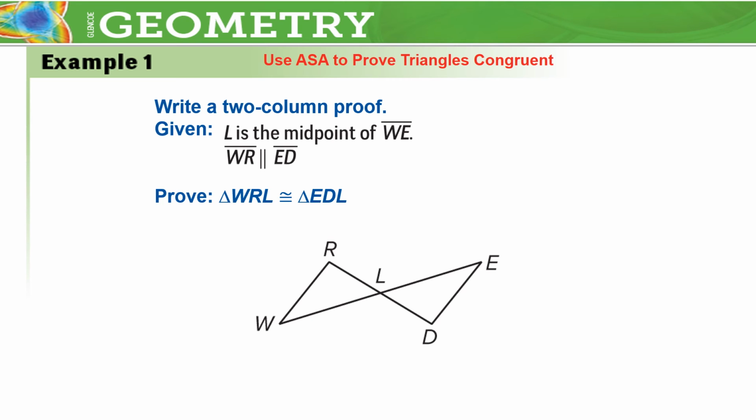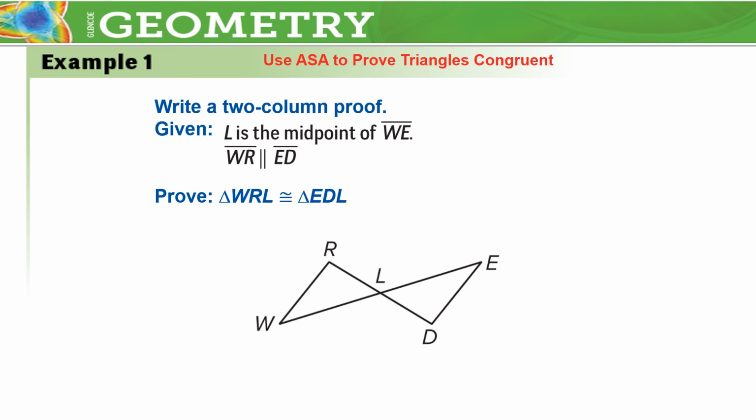Now, write a two-column proof, or by another way, you have to write your answer and write your reason any way you like. Here you have L is the midpoint of WE. Then you have to know WL equals LE, and you have two parallel lines, WR parallel to ED.